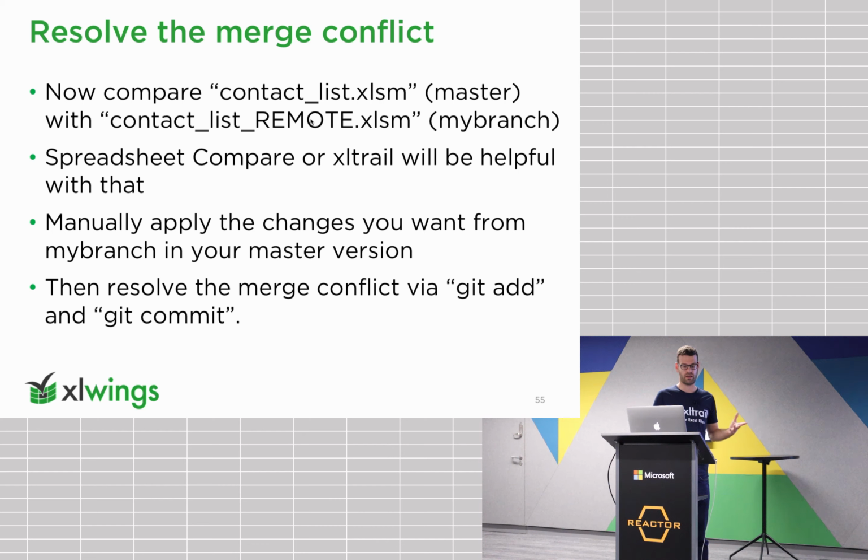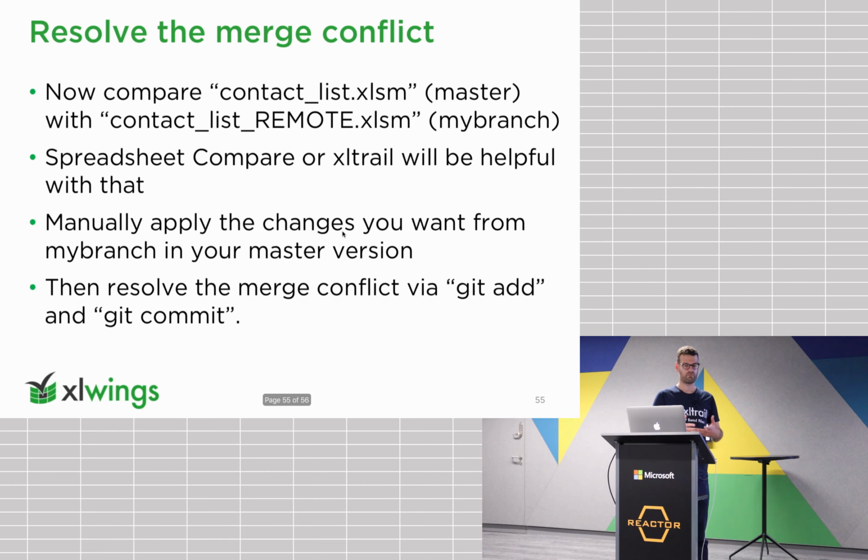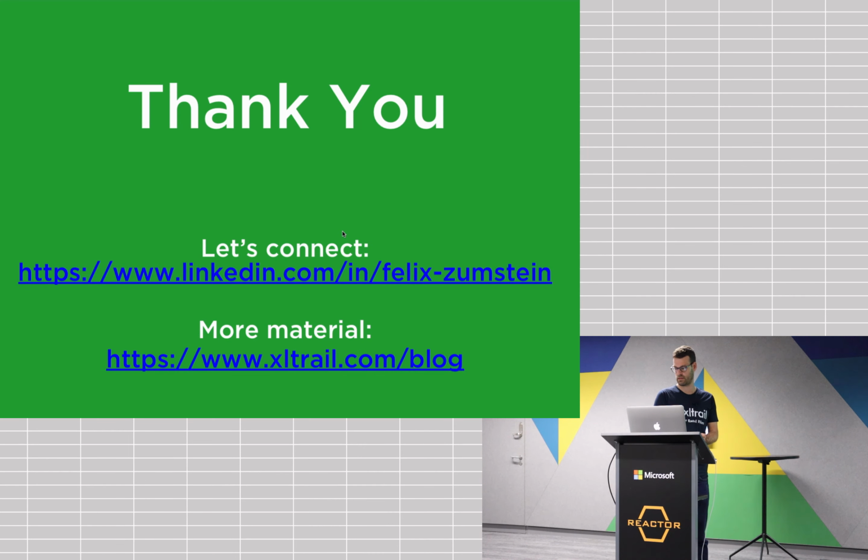And once you have done that, you just have to git add, git commit. You can get rid of all these 4 additional files, and in that way commit the resolution, and you're done with your merging. So these are the 2 ways that you can deal with merge conflicts, or try to get around it, or embrace it and try to really adopt a multi-branch workflow.